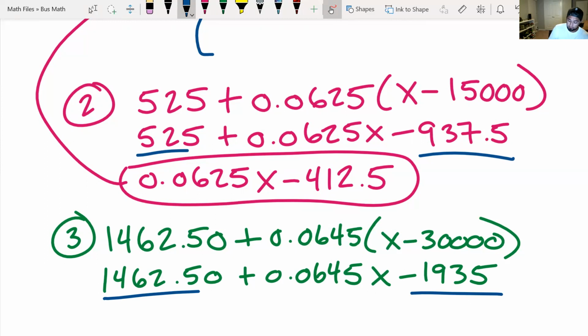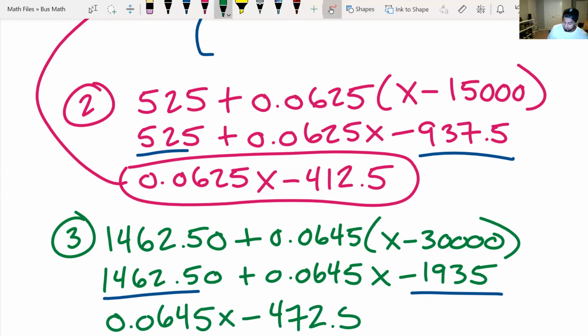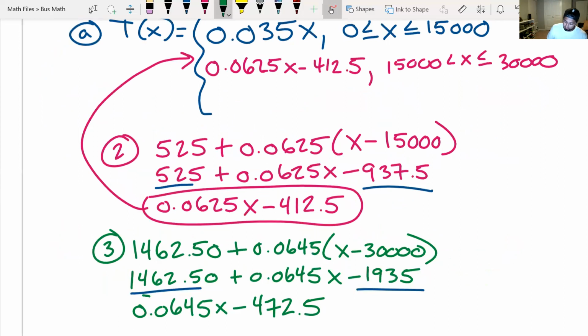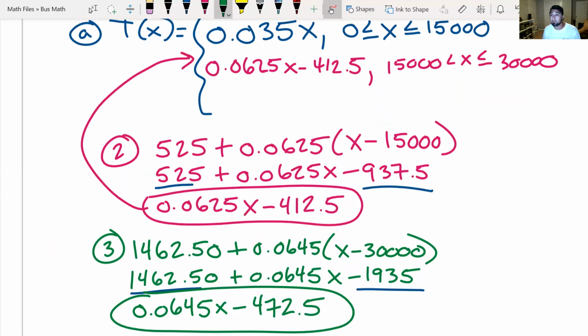And we get minus 472.5. And there is the third piece of our piecewise function.